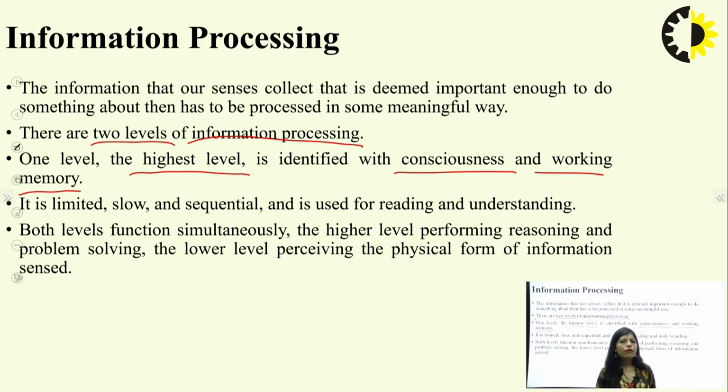The higher level performs reasoning and problem solving, the lower level perceives the physical form of information sensed. So basically there are two types of level, highest level and low level. In the highest level, we basically focus on reasoning, problem solving, the consciousness, the working memory, the reasoning ability of the person. But in the lower level, the information processing is what we see, what we perceive from the environment in the physical form of information sensed.